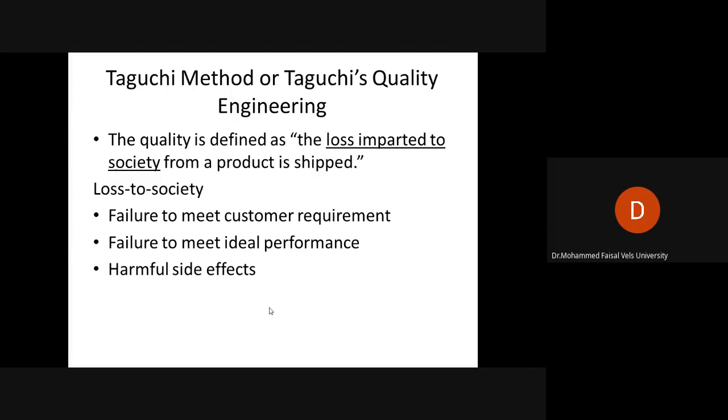But with all the methods I have talked about till now, most of them revolve around that.